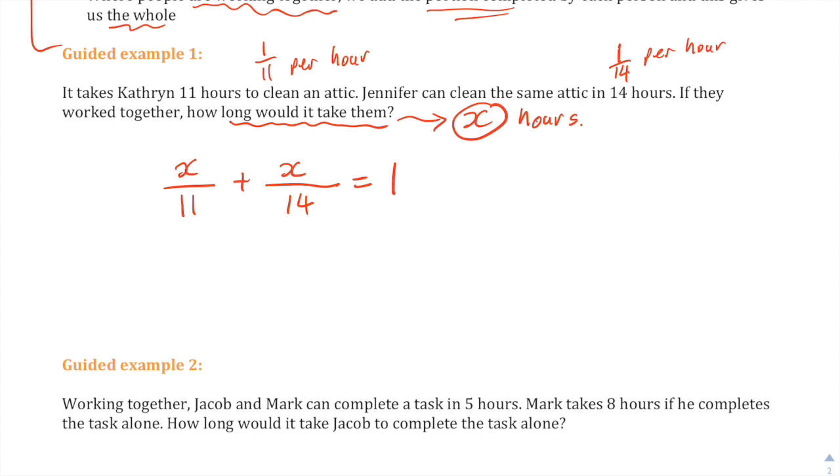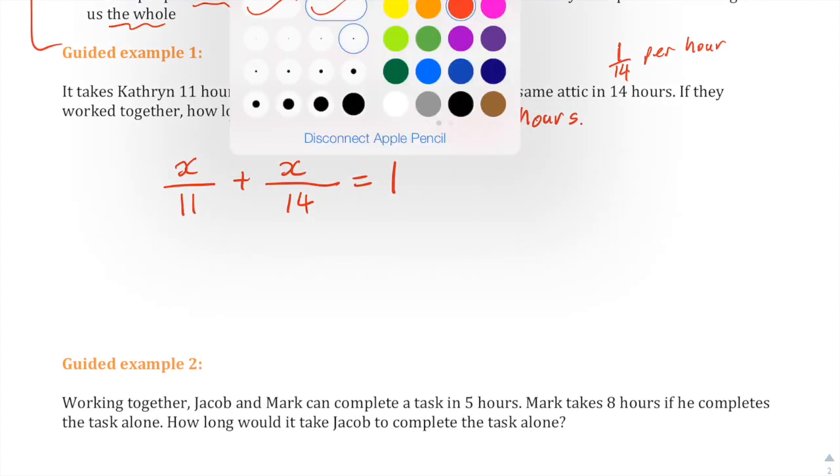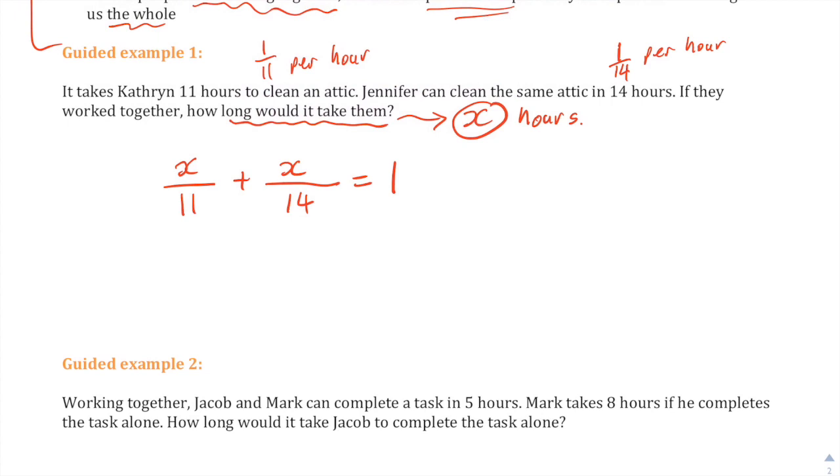Okay, and so what you see in this case is we have once again got ourselves a rational equation, an equation with ratios or fractions. What we need to do is get rid of those fractions. That's the easiest way for us to be able to solve the equation. So I'm going to start off by finding my lowest common denominator.